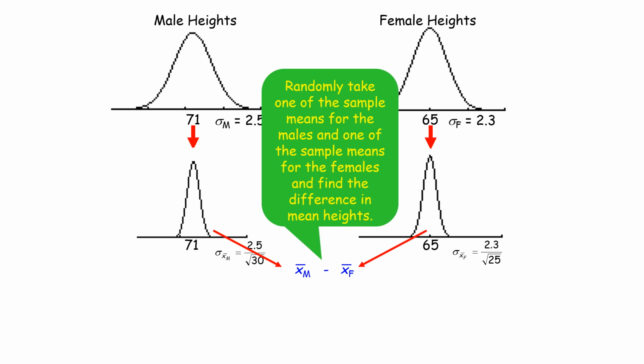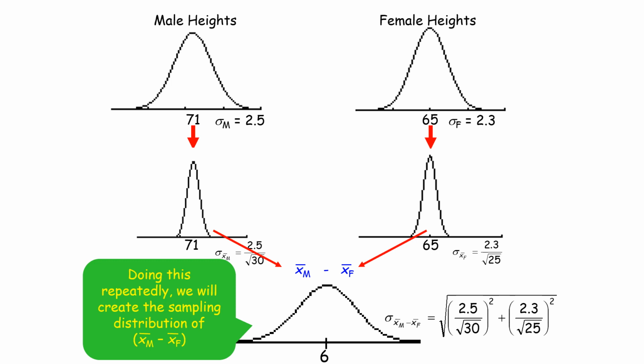So if we randomly take one of the sample means for the males and one of the sample means for the females and find the difference in the mean heights, doing this repeatedly will create the sampling distribution of x bar sub m minus x bar sub f, which gives us a standard deviation of our x bar sub m minus our x bar sub f. Notice here that we're just taking the standard deviations and squaring them separately, adding them together, and then taking the square root of that sum.